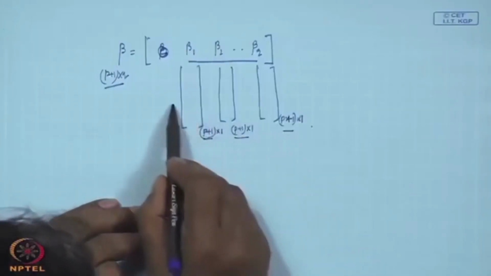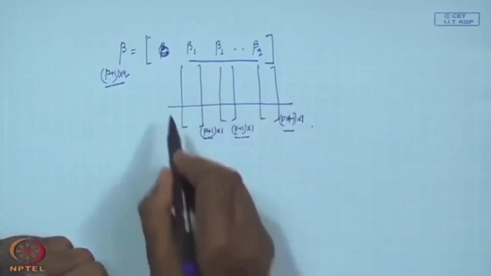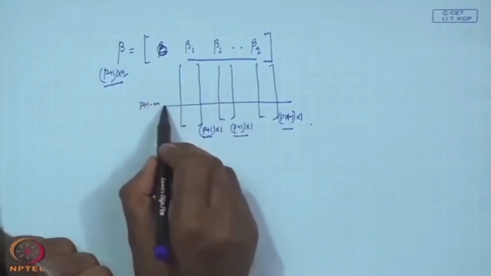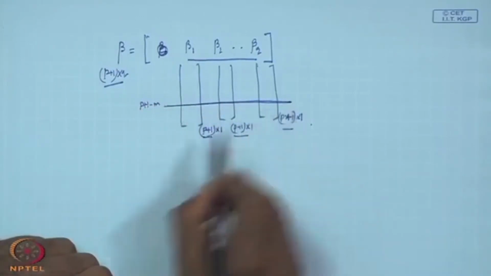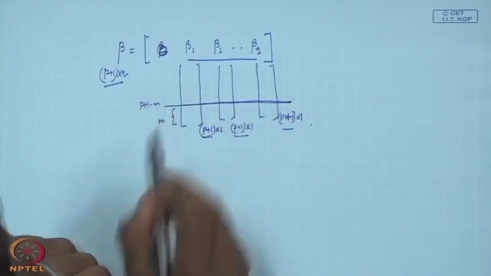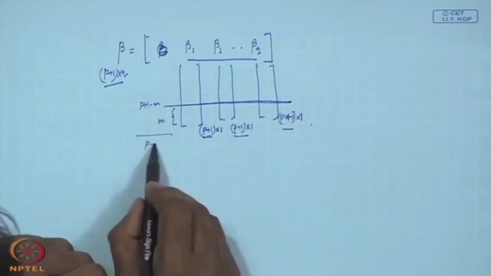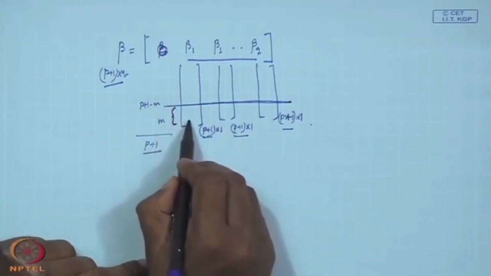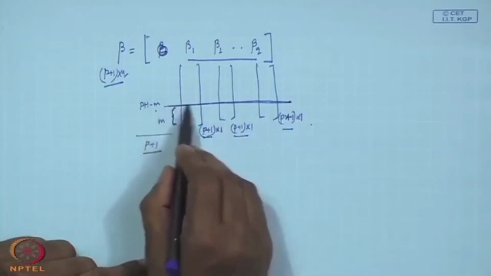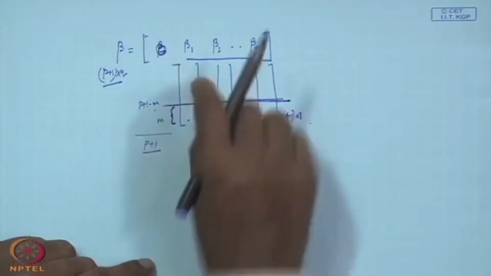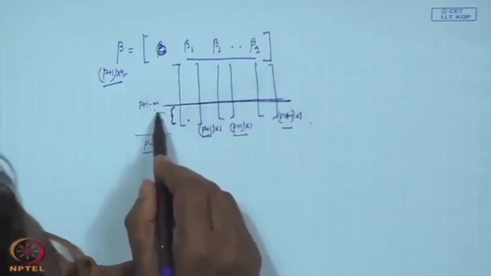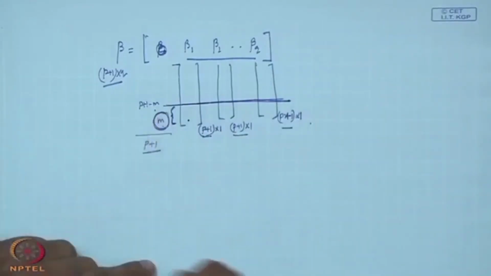So here you have P plus 1. If I say that this one is starting from P plus 1 minus m up to this, then this one is m, because total is P plus 1. So we are trying to say that these P plus 1 minus m variables are contributing, and the remaining m variables are not contributing.